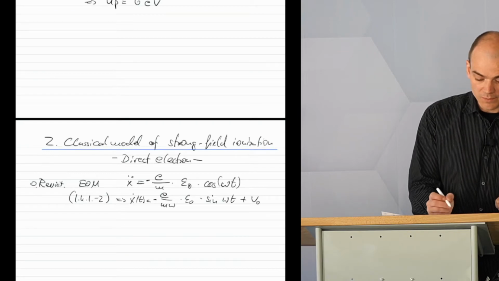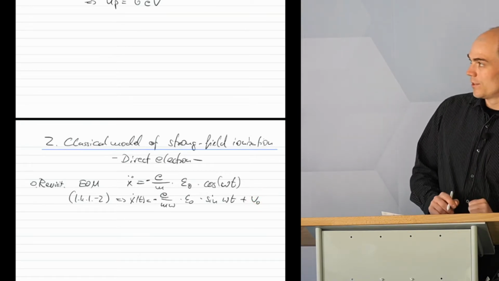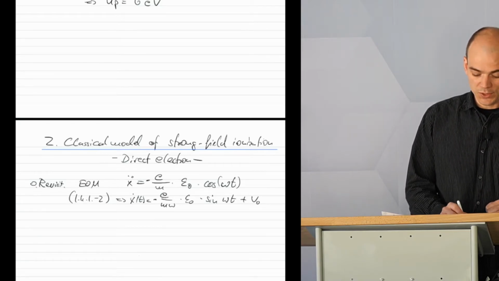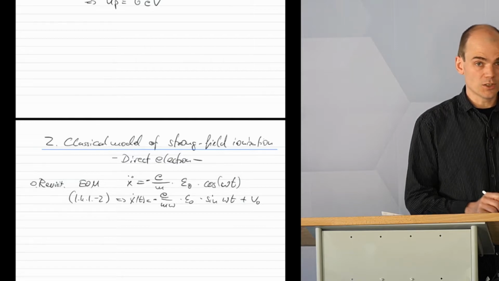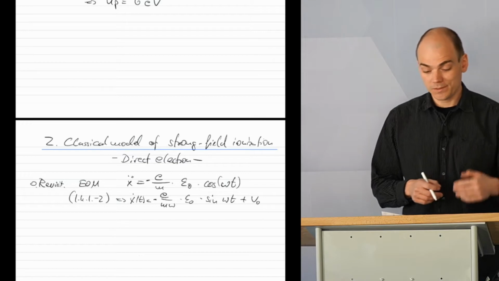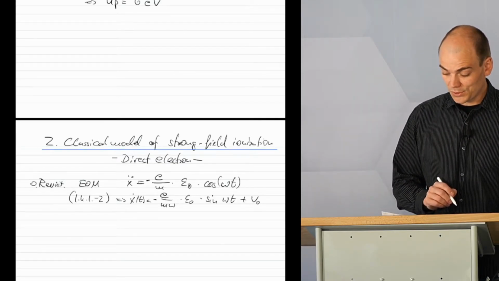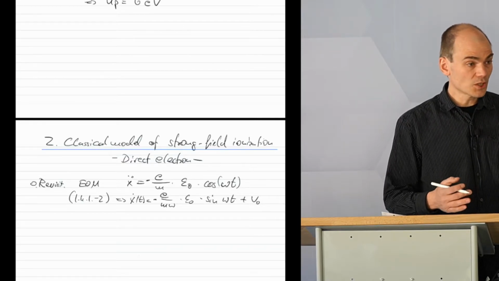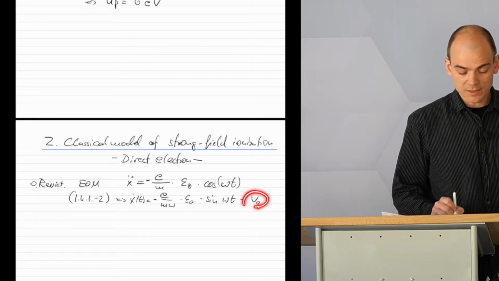What we did previously was that we ignored v naught, because we were only interested in the oscillatory motion of the electron. Now we will go one step ahead and not set this value to 0, but rather use an initial condition in order to find a value for it.